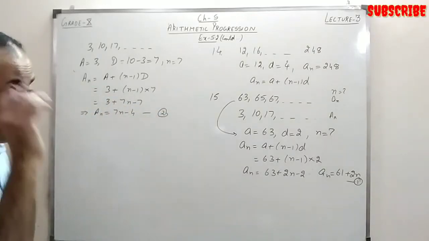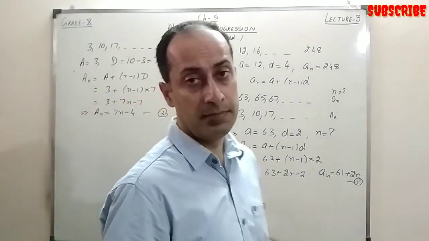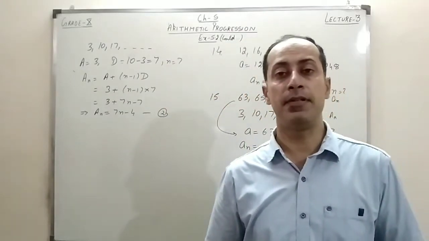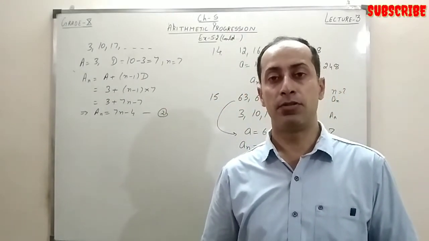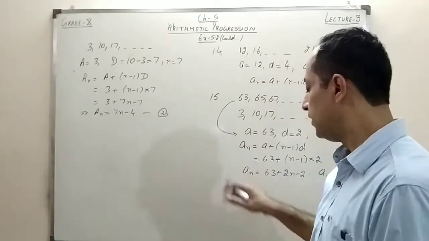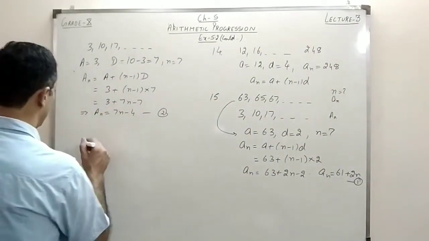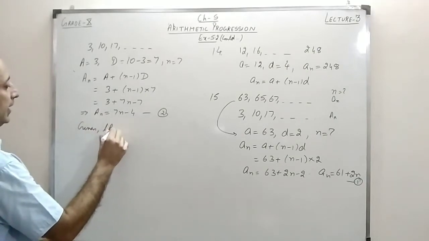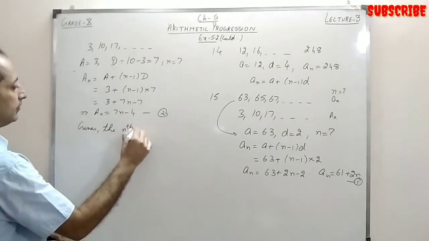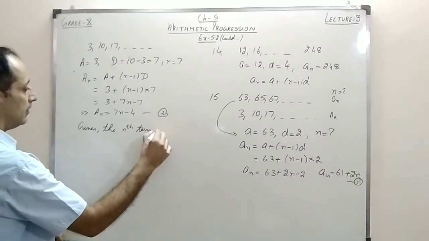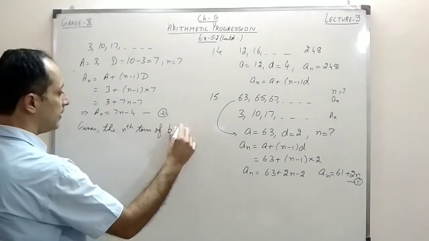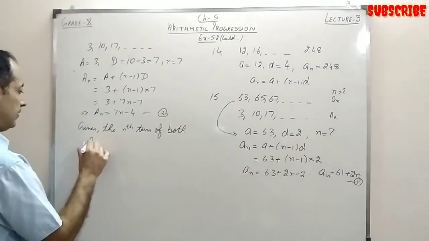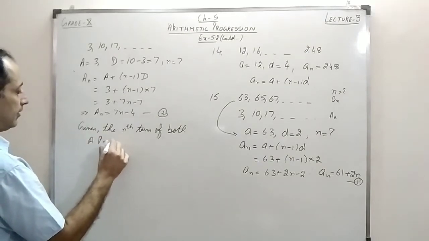Now what is the next thing? It is given the nth term is the same. The nth term of both the APs is given to me as the same. So since these two are equal, what is given to me? Given the nth term of both APs is the same.